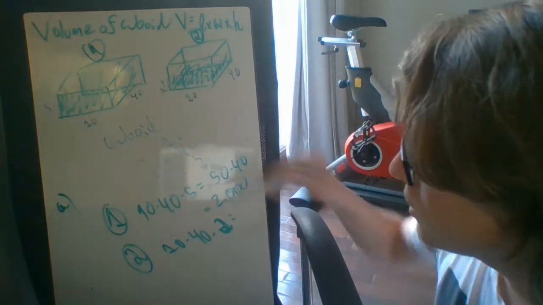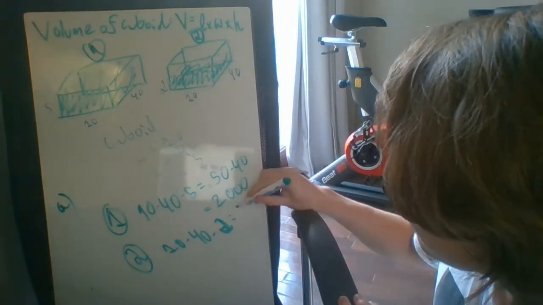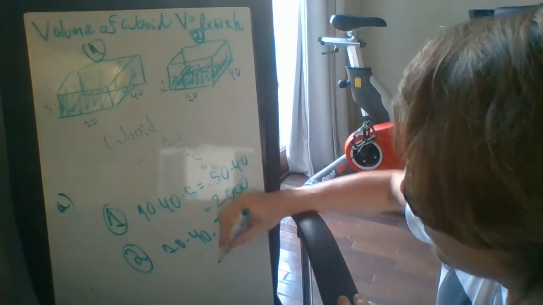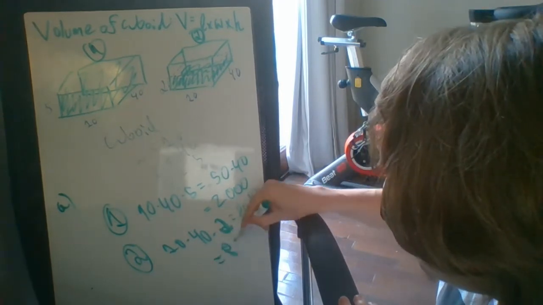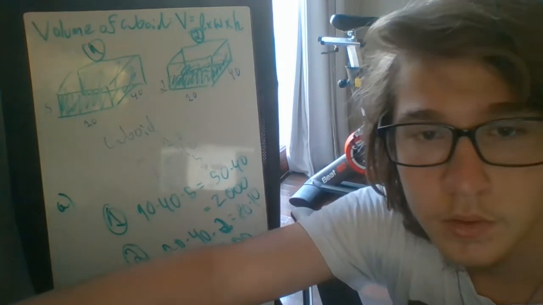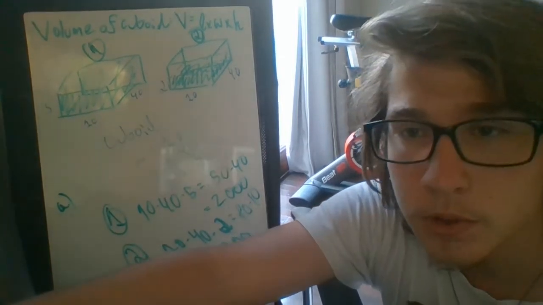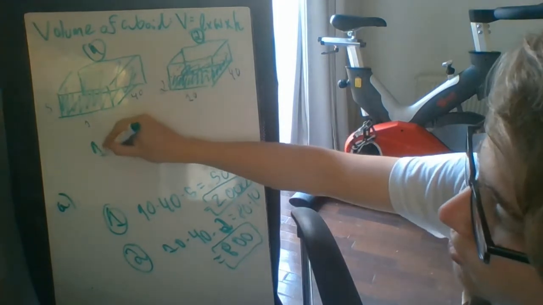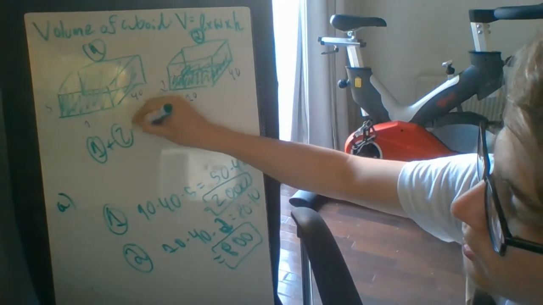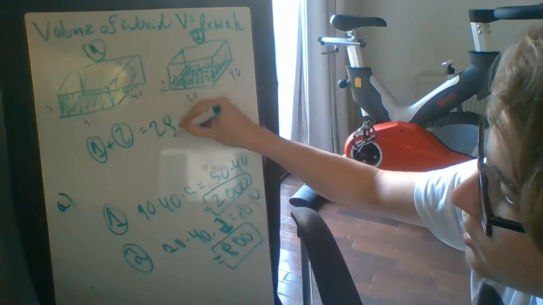So here we have 80 times 10, which adds up to 800. That is the volume of the second cuboid. So we add the volume of the first cuboid and the second one, and we end up with 2,800.